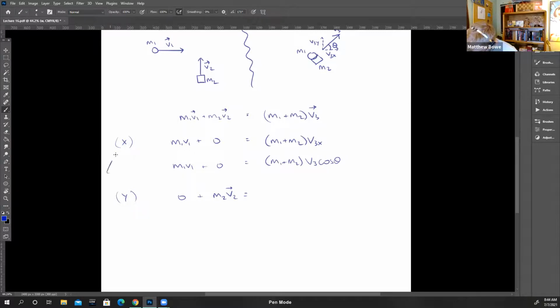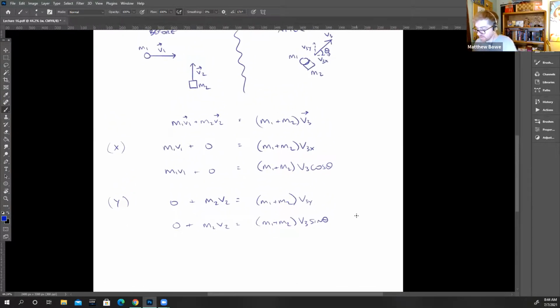Because I have this as just x components, that's why I don't need a vector sign. Same thing, M1 plus M2 times V3y. We could be more specific. That's just the magnitude of that velocity times sine of theta. It's way too big. I have to shrink it.